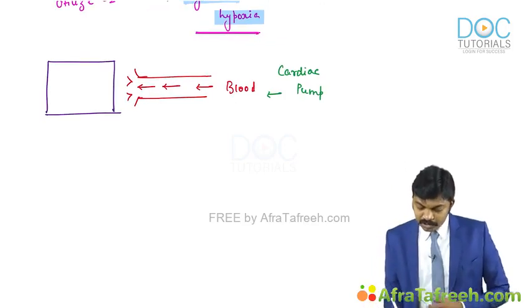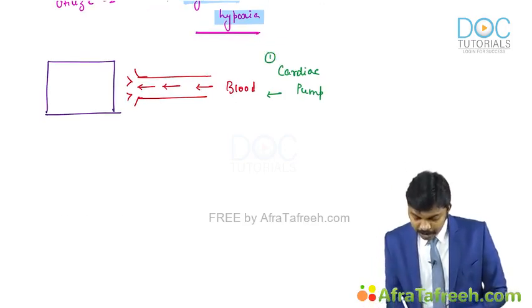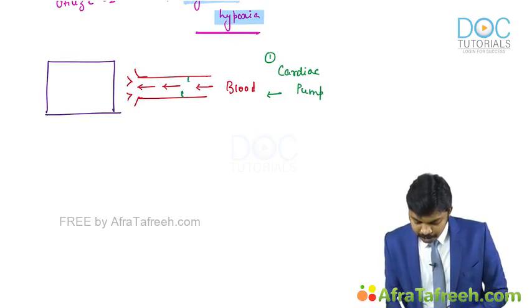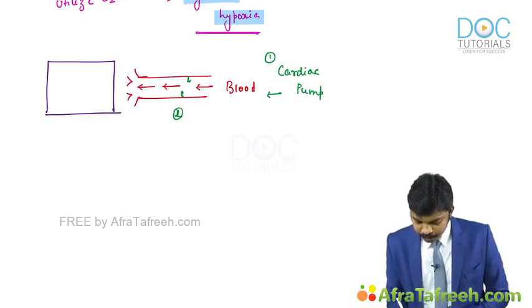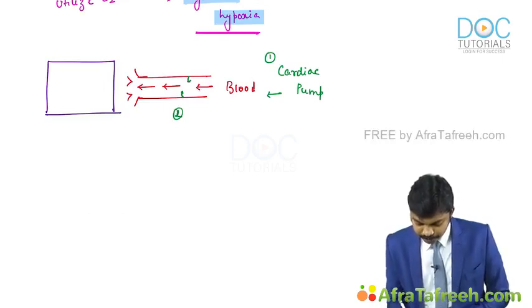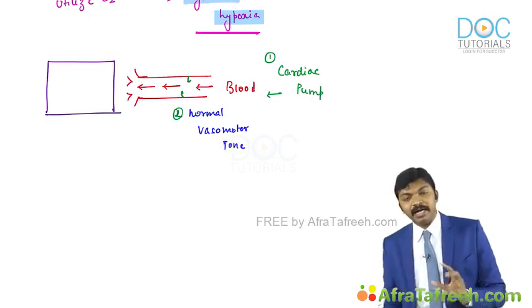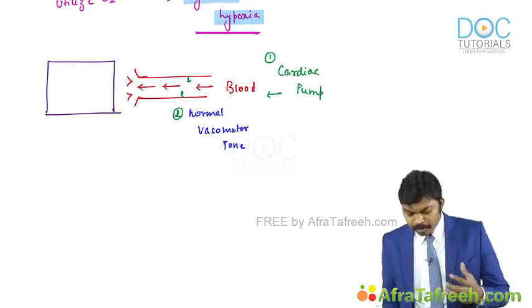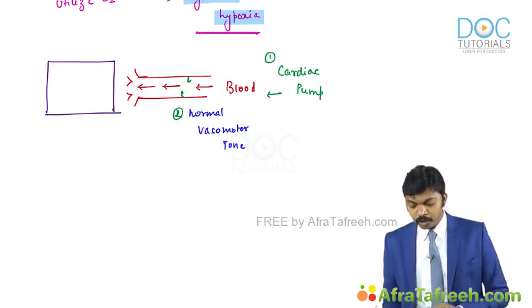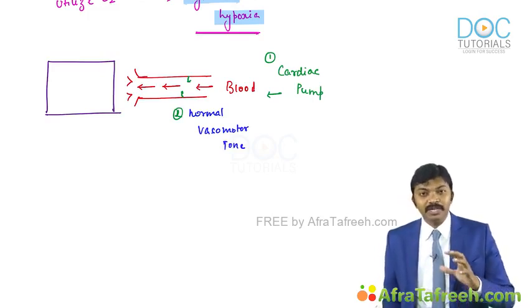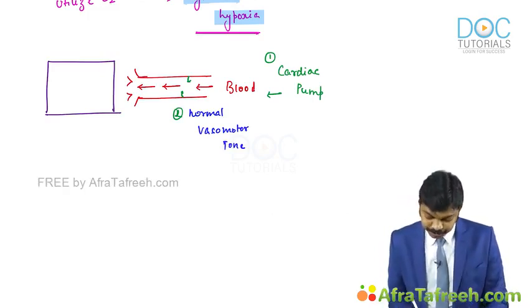So 2 points, doctors, we just discussed. Cardiac pump. Number 2, there is going to be a normal vasomotor tone. Now failure in cardiac contraction or problem in normal vascular tone will lead to reduction in blood flow to tissues.